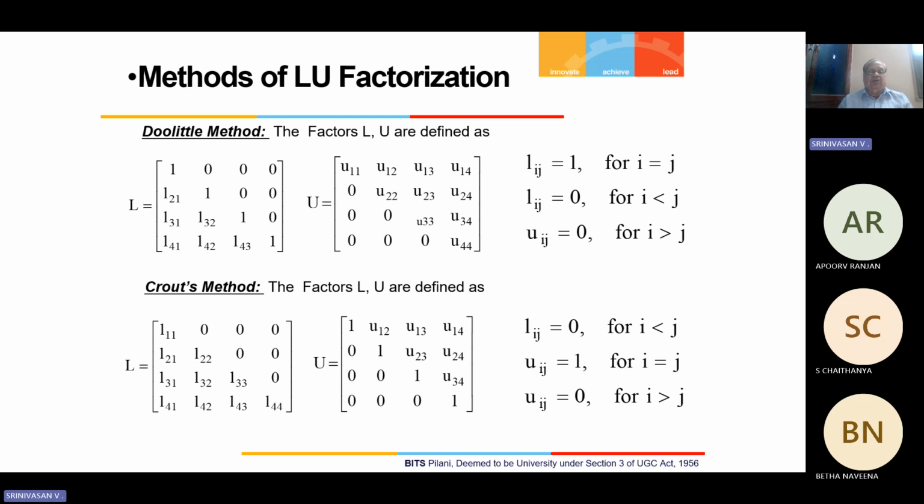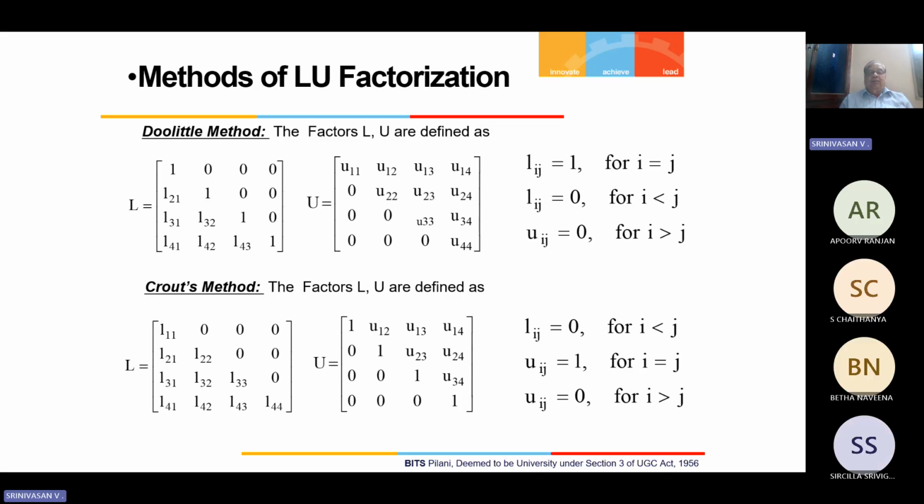Right. So just look at the factors L, U. Just look at what we said in theory. L means it is a lower triangular matrix. Here of course you are given an example of a 4 by 4. Above the principal diagonal elements, you have zeros. So this is a lower triangular matrix. What are the entries of L?